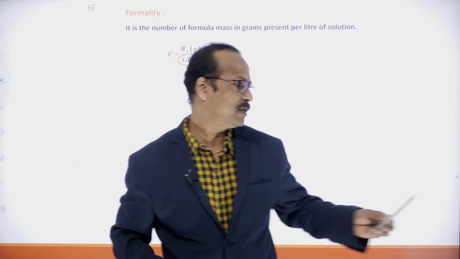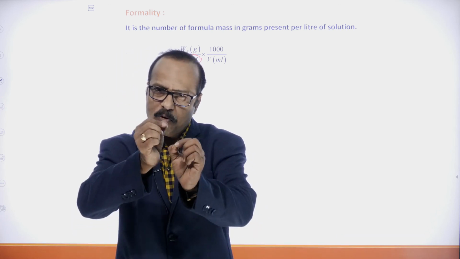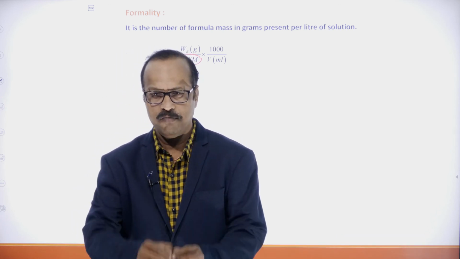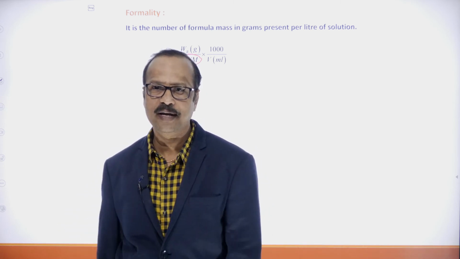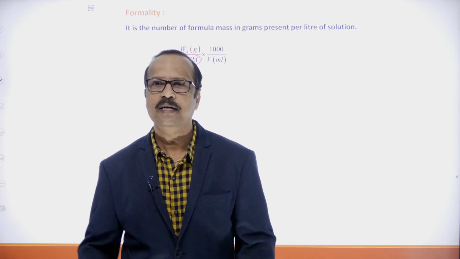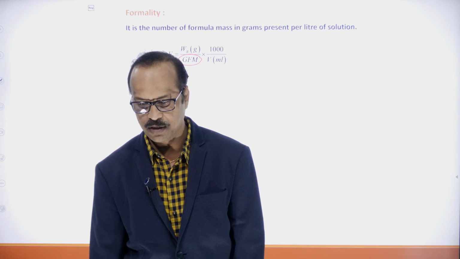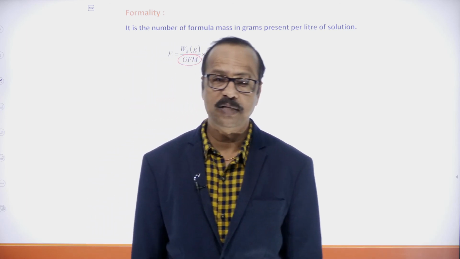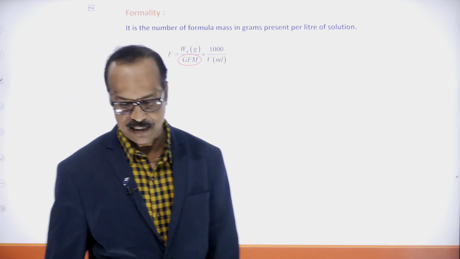Here 10 terminologies I have given, all are similar, but very small changes are there. If you identify, remember and distinguish those small changes, then it is very easy to remember these formulas.